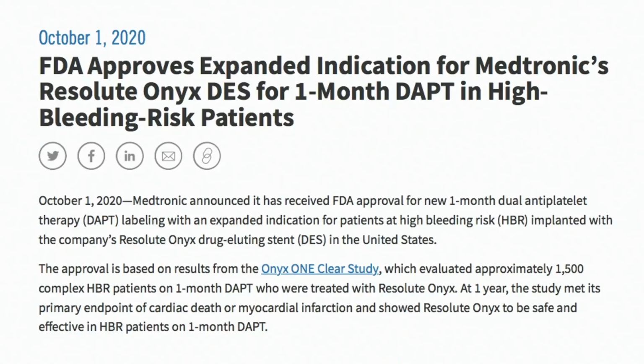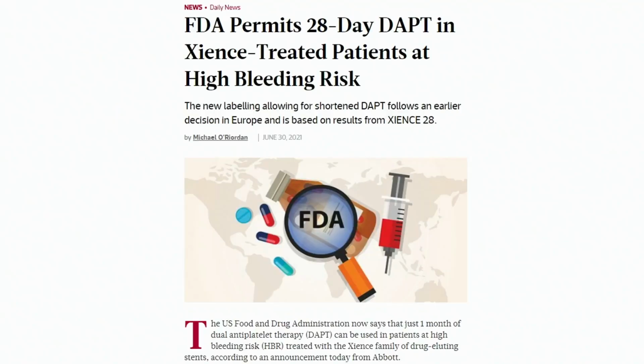In 2020, the FDA approved the Resolute Onyx stent, and they said for patients with high bleeding risk, it's safe to just do 1 month of dual antiplatelet therapy for these patients. A year later, the Xience stent was approved by the FDA, and they said for patients with high bleeding risk, it's fine.